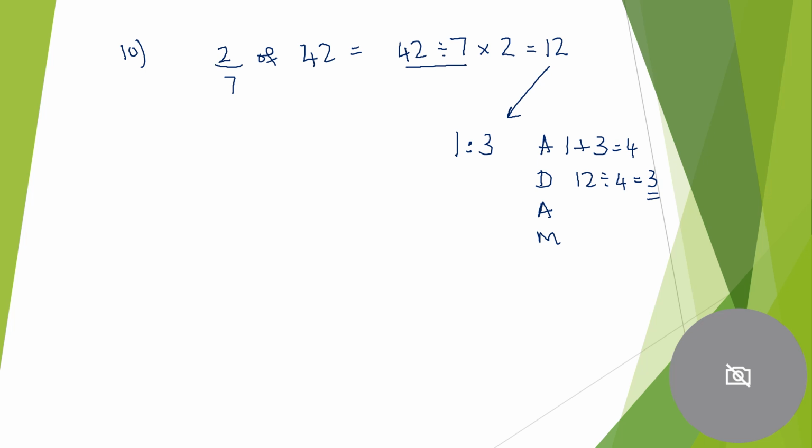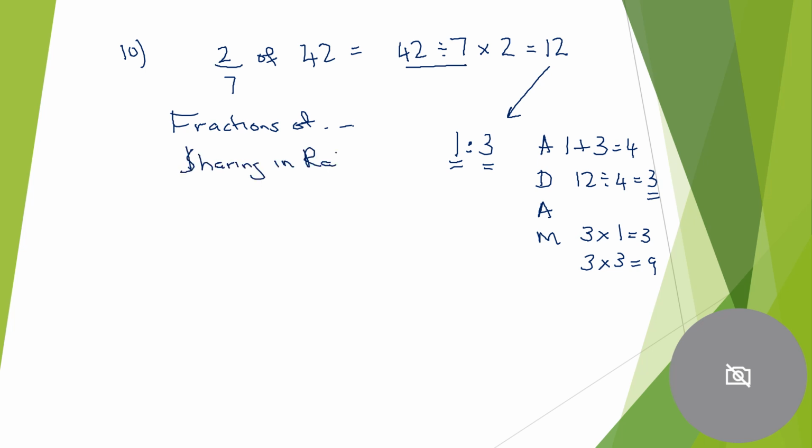So take the answer 3 and multiply it by 1, which was the first number in the ratio, to get 3, and then multiply it by 3, which was the second number in the ratio. So a little bit of knowledge. If you wanted to revise this, we're looking for fractions of amounts and sharing in ratio. That would be on the revision list. Topic 11.